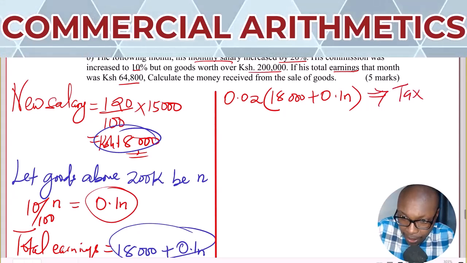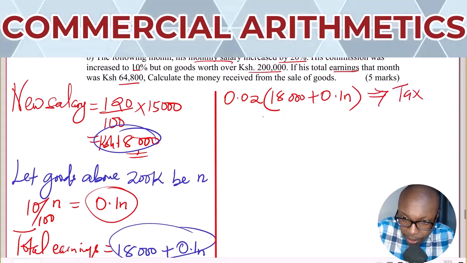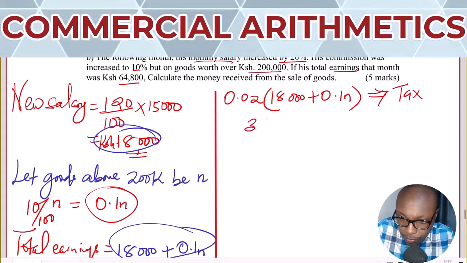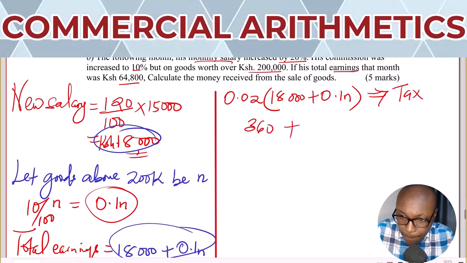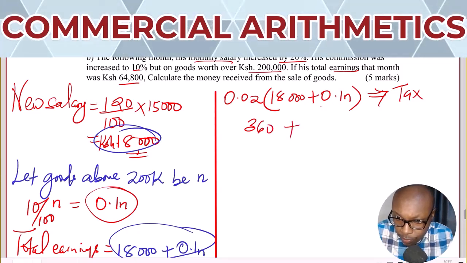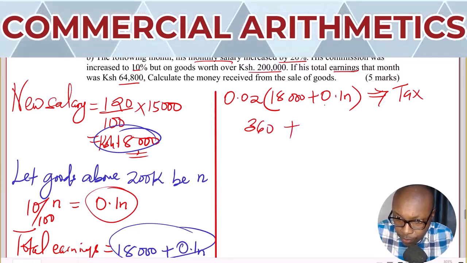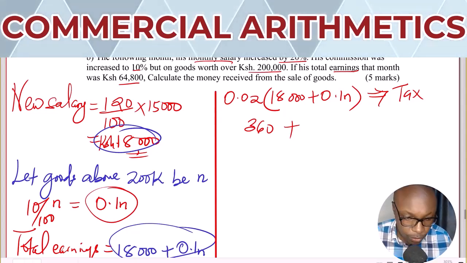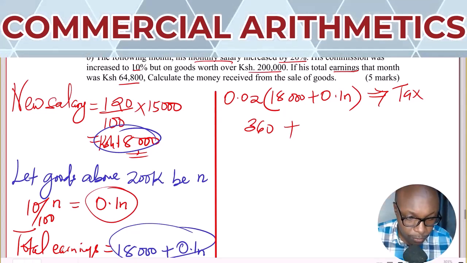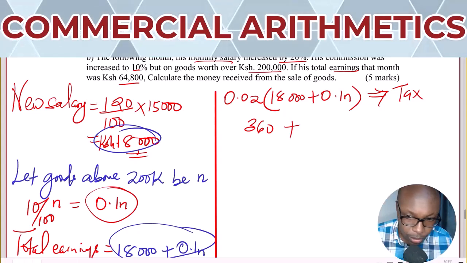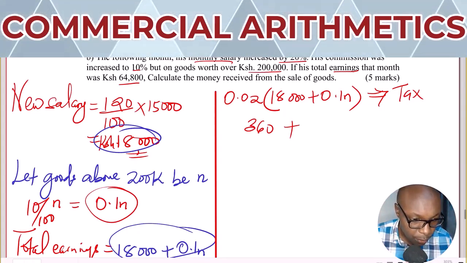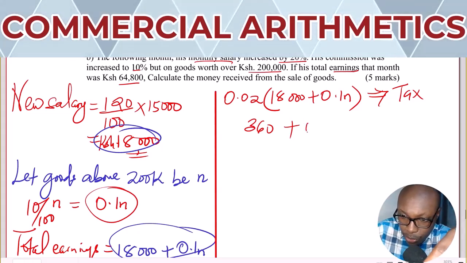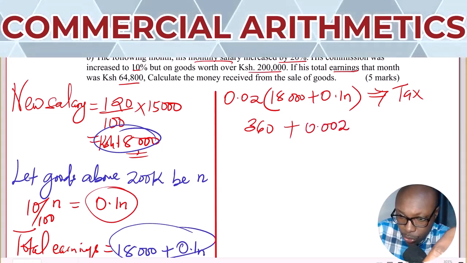Once you open the brackets, 0.02 multiplied by 18,000 will be 360, plus 0.02 multiplied by 0.1N, of course this one will be 0.002N.